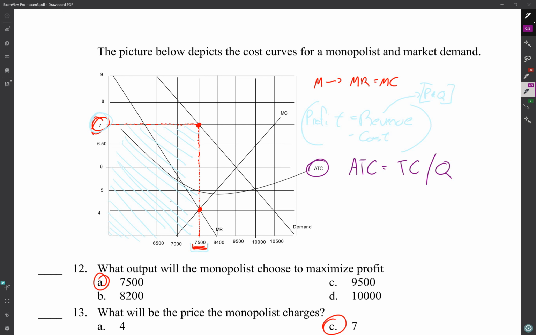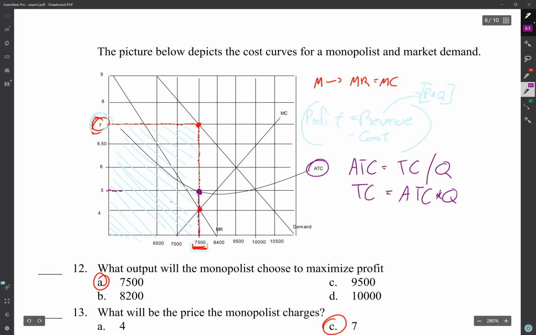Okay, but aside from that, if we wanted to extract this total cost from this, well, what could we do? Well, we could multiply both sides by Q, and we would get total cost is equal to average total cost times quantity. Okay, so in other words, let's go over to the quantity, 7,500, and let's go up and see where the average total cost curve is. So I'm going to go up, and boom, I've run into the average total cost curve.